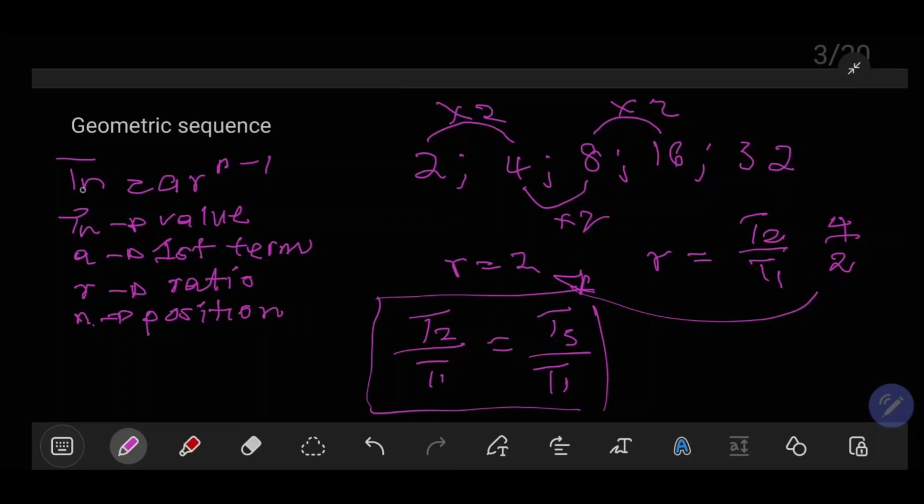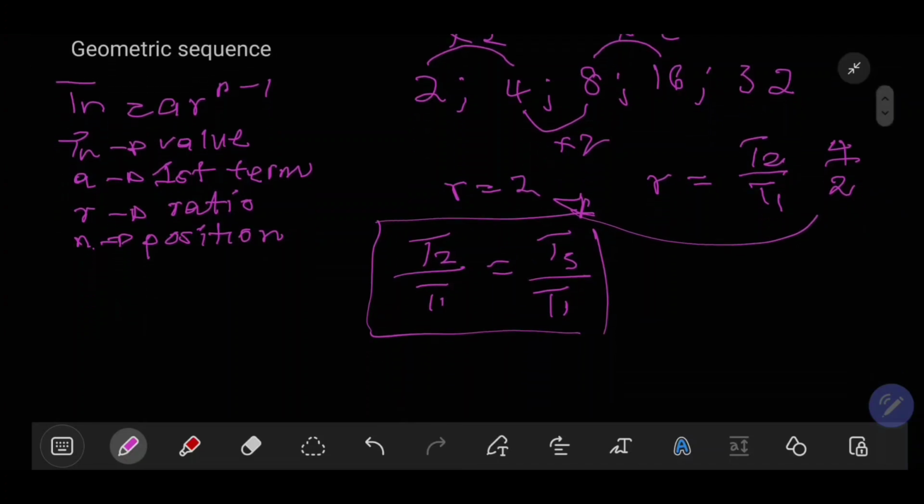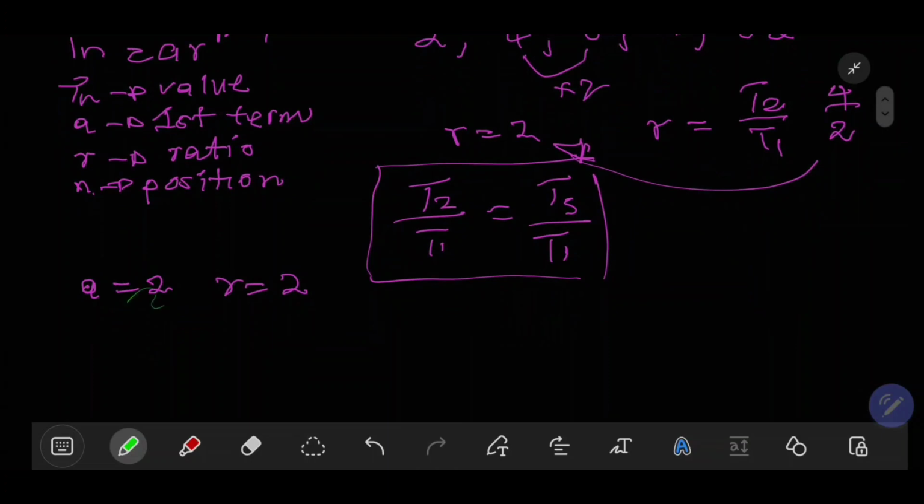So we can determine the general formula for this, because we already know that our a value is equal to 2 and our r value is equal to 2. In this case, Tn = 2, which is our a value, open bracket, 2, which is our r value, to the exponent n minus 1.